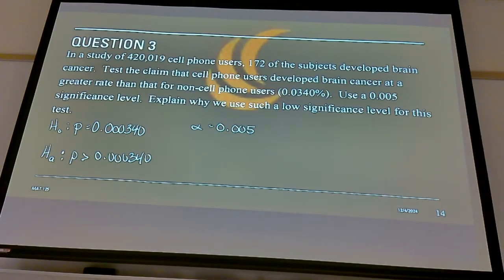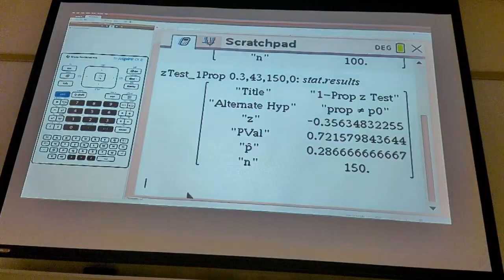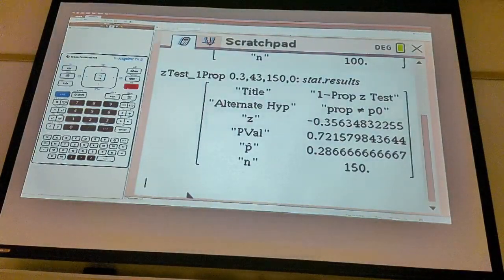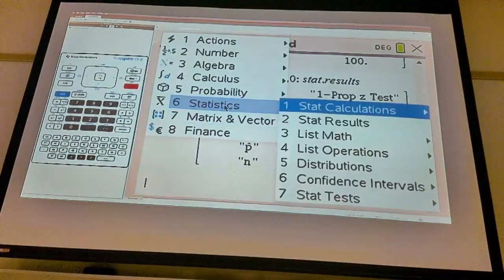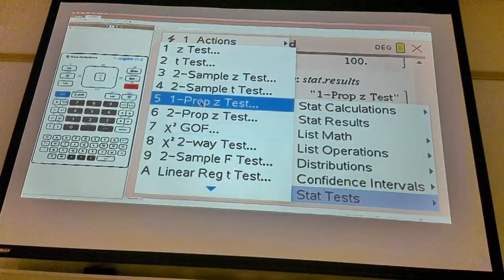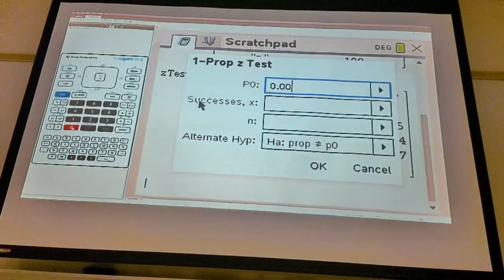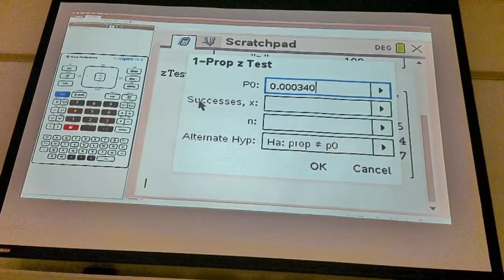Significance level is 0.005. P naught was that.